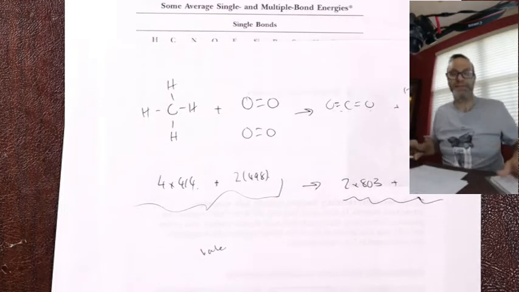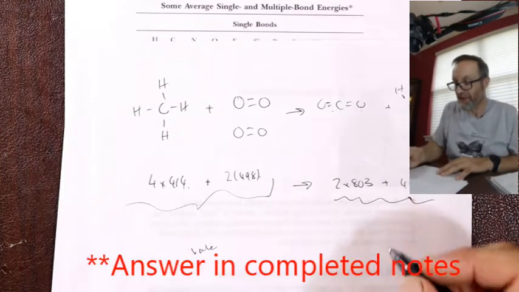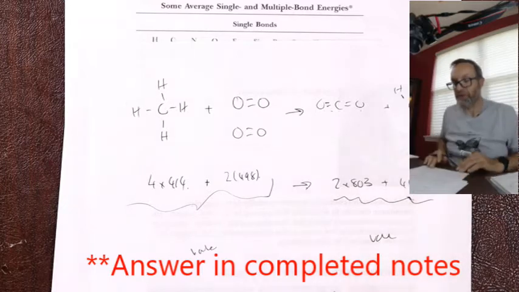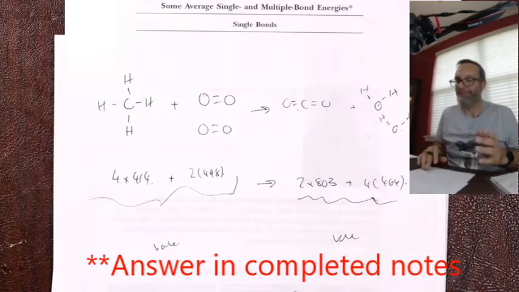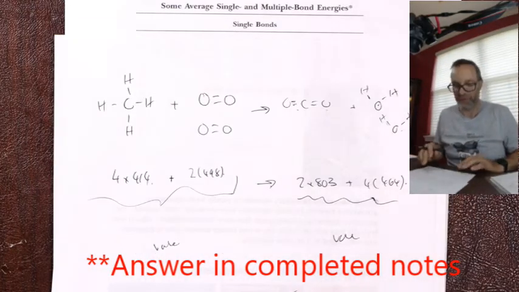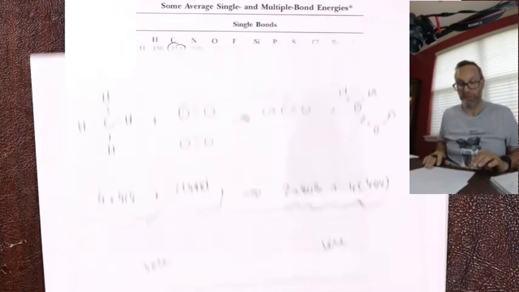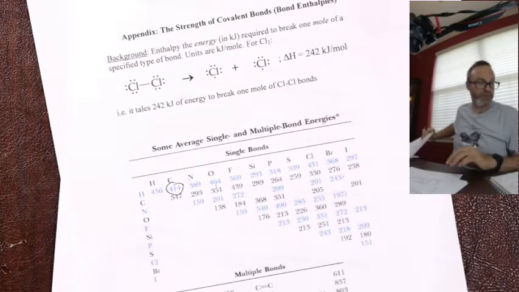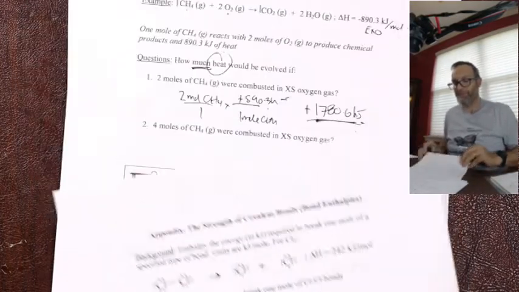Actually, I don't have my calculator, so I'll let you guys do it. Work out these 2 values, subtract, and there may be a sign difference for reasons we'll talk about later, but it's going to be the same order of magnitude as the answer we just got, which was 890.3.